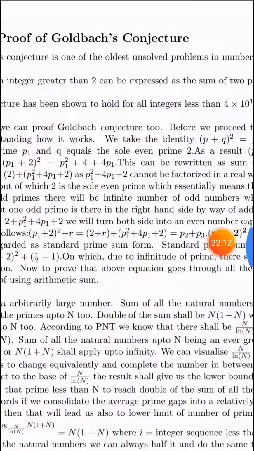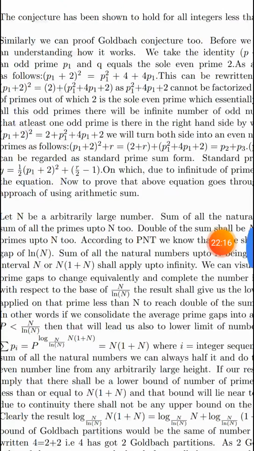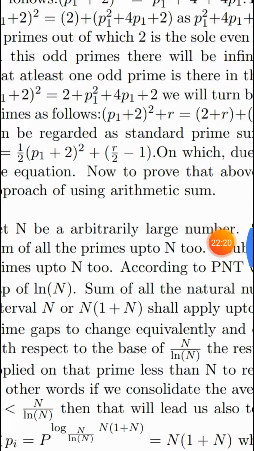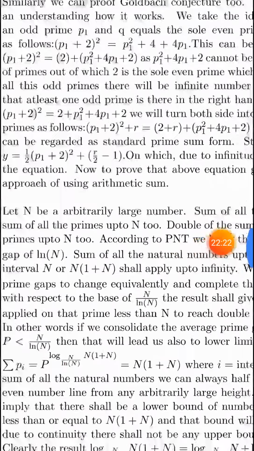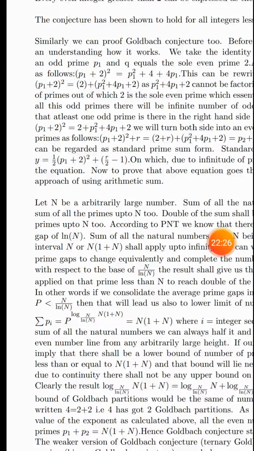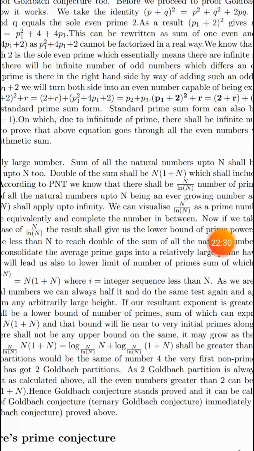A similar case happens in Goldbach's conjecture also. Here, what we have done: I have taken a big number, then I have taken the sum of all the natural numbers up to that number, then I have doubled it. Then the formula will be coming around n into n plus 1.